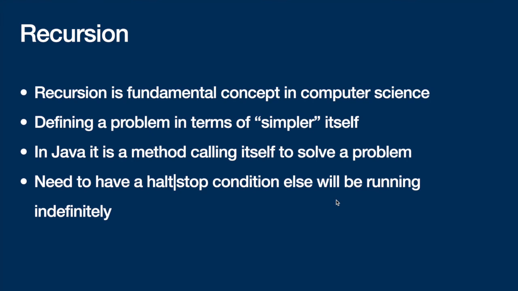Otherwise, the running time will be indefinite and your computer might run out of memory and crash. So, like we have discussed in loops, they have to have a condition to stop loops, and in a similar way, the recursion should have a condition to stop it, or a case where the recursion will stop.